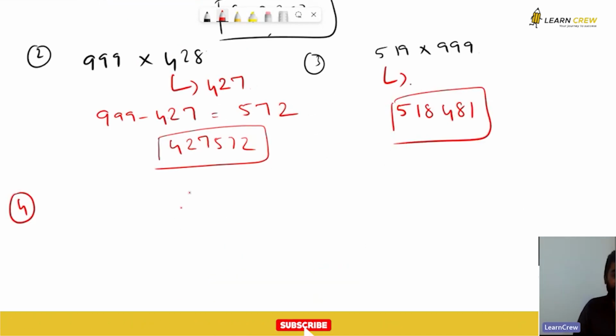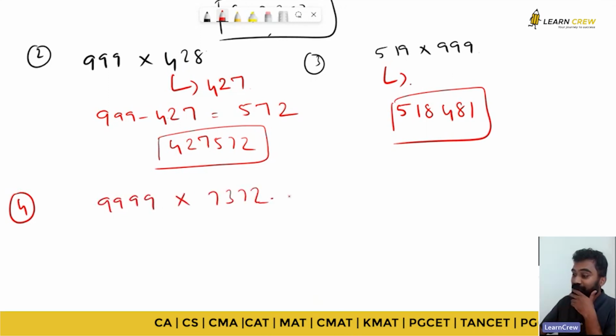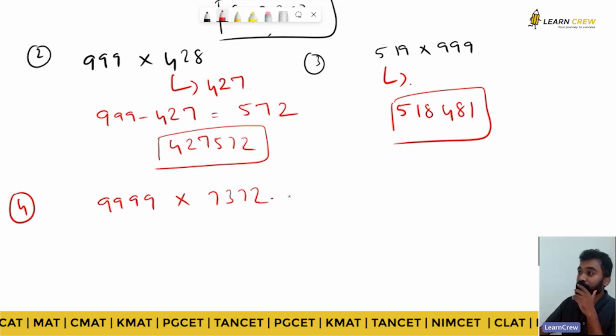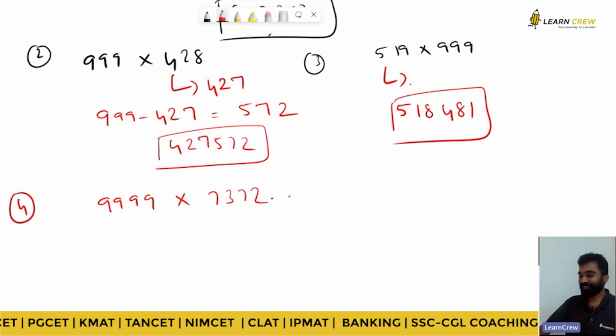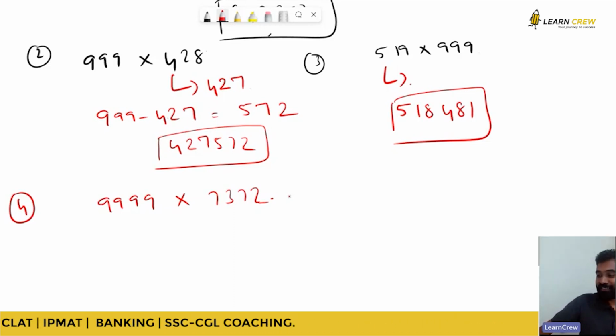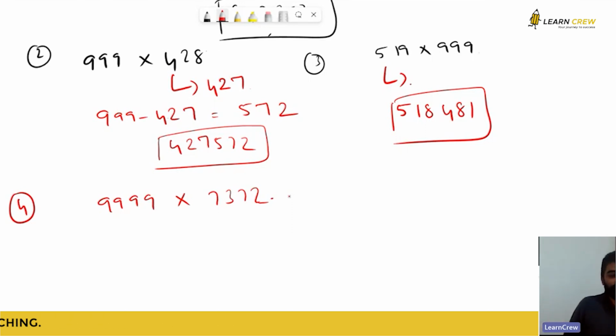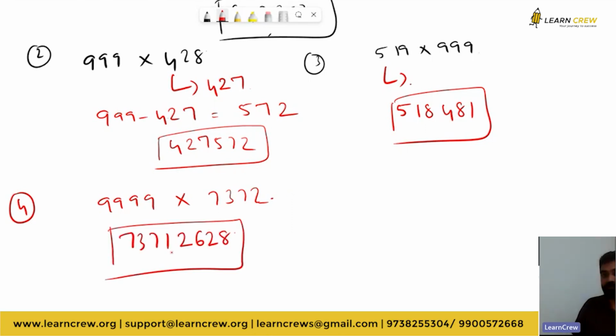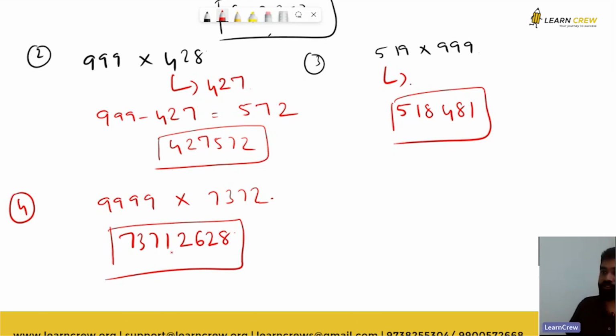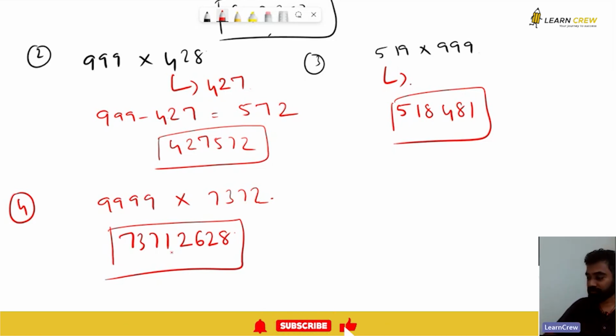Next problem: 9999 into 7372. The answer is 73712628. I wrote correctly, I'm telling wrongly: 7371. Got it? So you need not multiply the huge numbers. You can just use this trick to multiply.